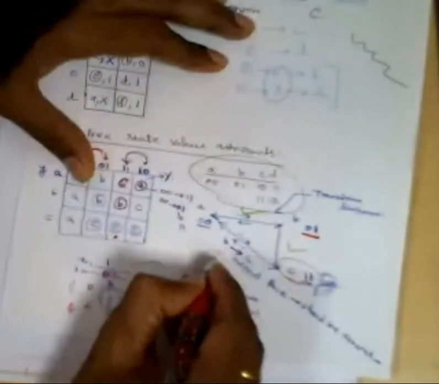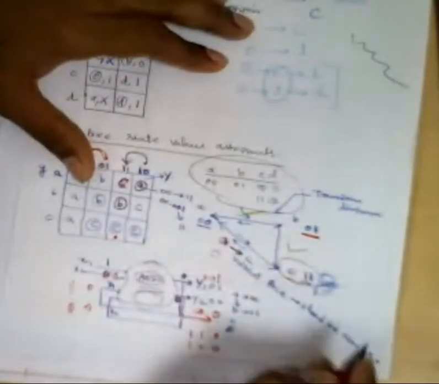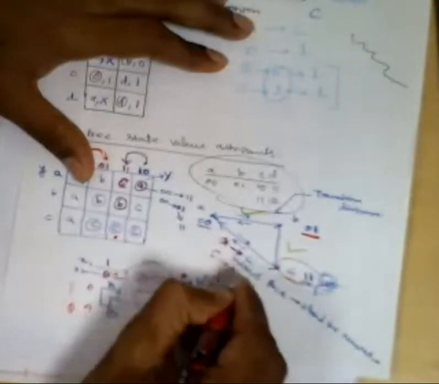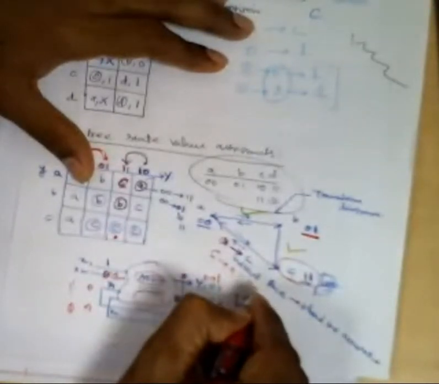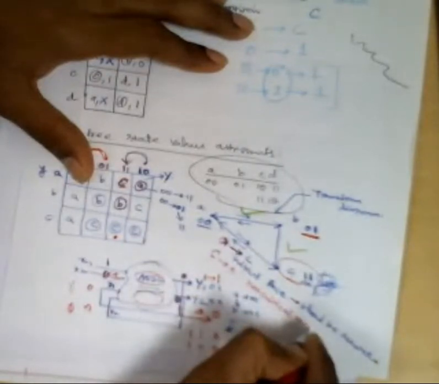A to C is the critical race, which should be avoided. C to A is a non-critical race. That race will delay your output and your process, but it is not critical.